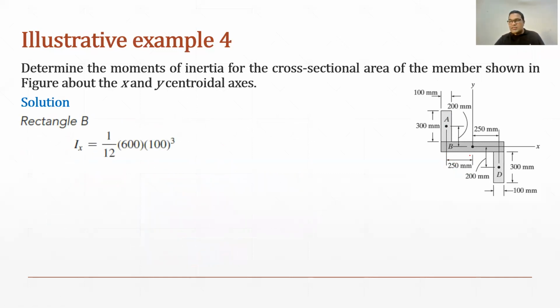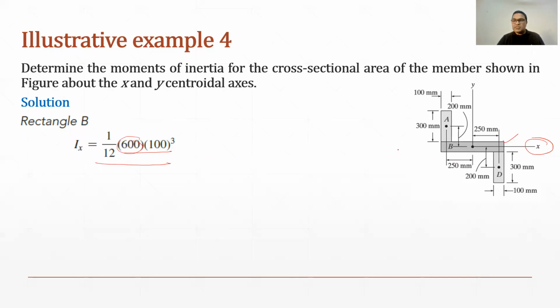As I said, there is no need to use the parallel axis theorem for rectangle B, because its individual centroidal axes, the x-axis and y-axis, pass through its CG only. So we simply apply the centroidal axis formula, which is bh cube by 12.